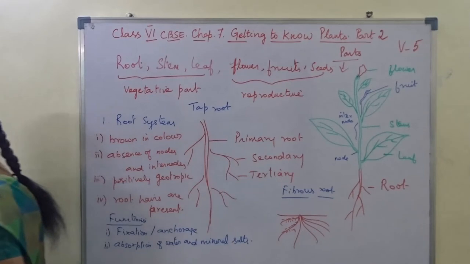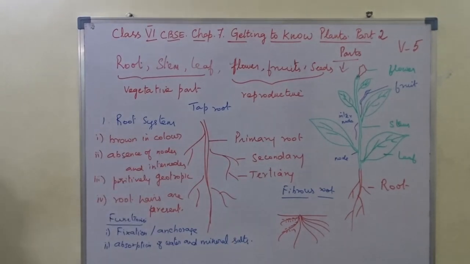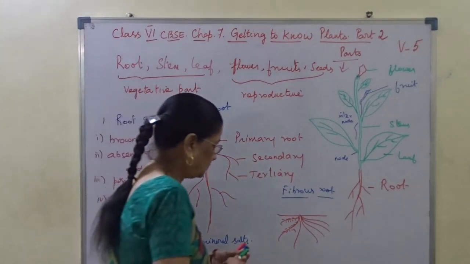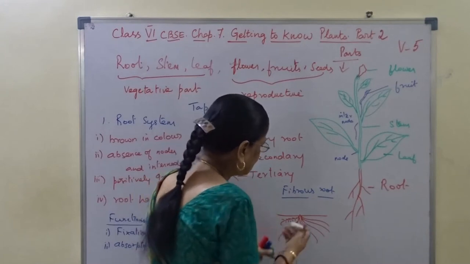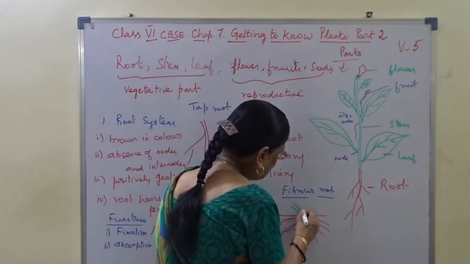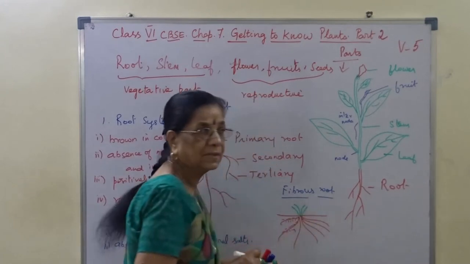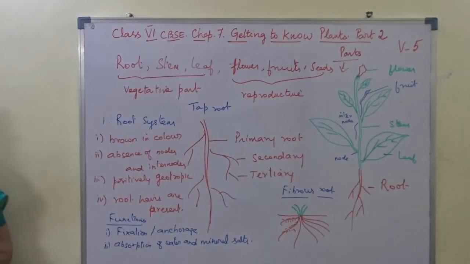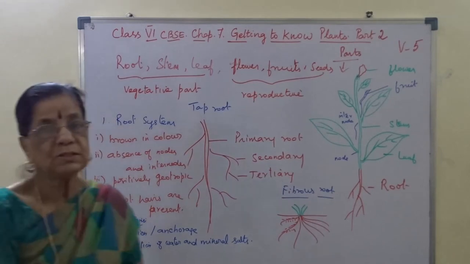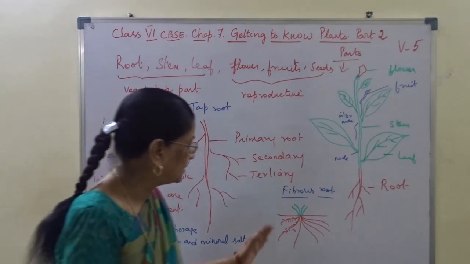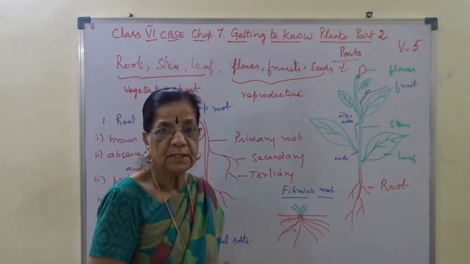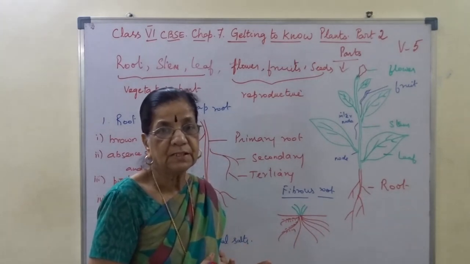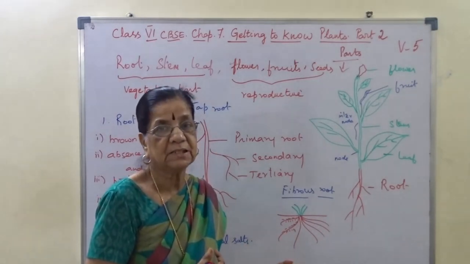And there is no differentiation of primary root and secondary root. From the base of the stem, a cluster of roots are arising. That is called fibrous root system. And all of the fibrous roots are more or less similar in size and structure.